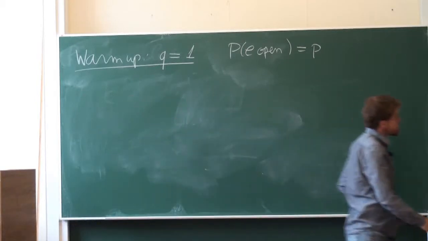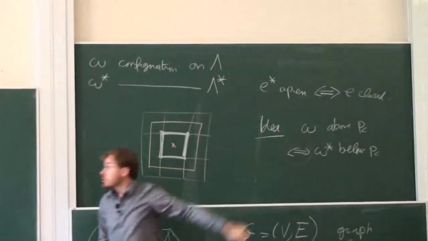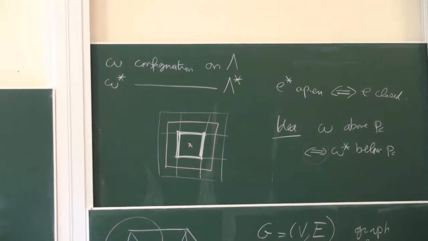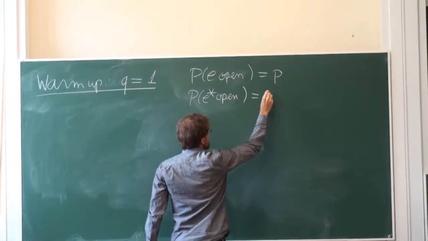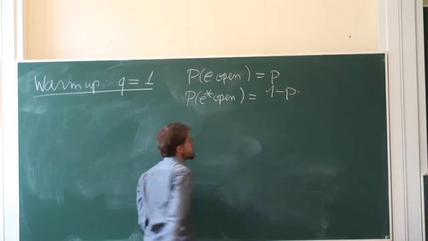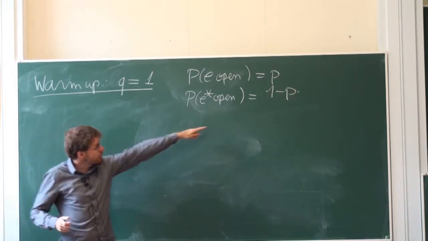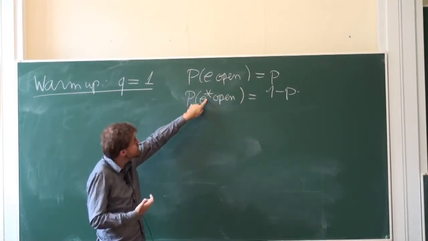By the construction of the dual configuration, e star is open if and only if e is closed. So the probability that e star is open is the probability that e is closed, so it's 1 minus p. And these are independent as well, because the state of e star depends only on the state of e.